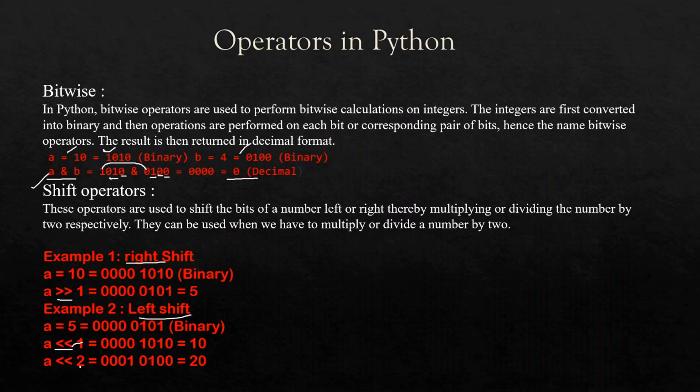So you can see A equals 10. The equivalent of 10 is 1010. We have added 4 extra zeros before it. And if we do a right shift by 1 bit, it will shift 1 bit like this.